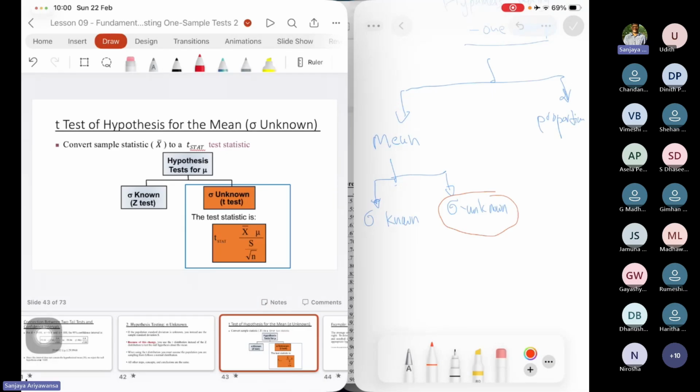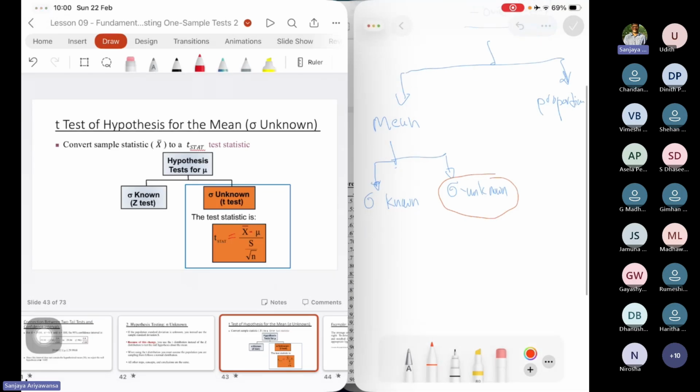The practical scenario we all have is that the population standard deviation is not known. And for this also, we calculate a test statistic. In this case, we calculate the t test statistic. Why is that? Because we are using the t distribution when sigma is not known.